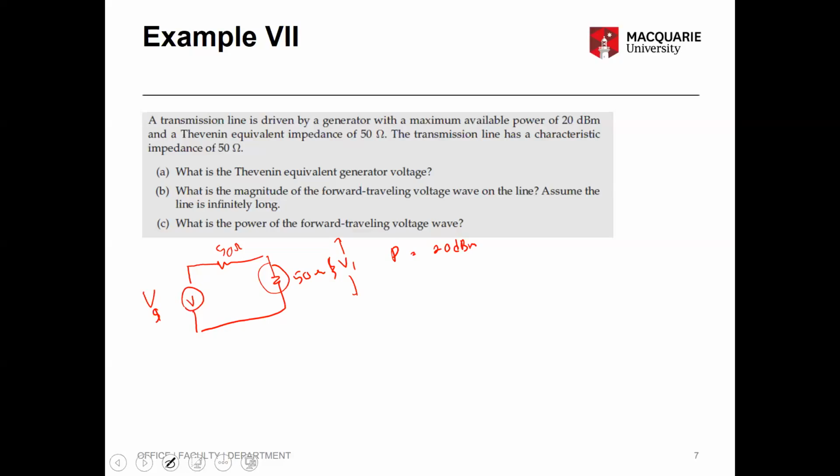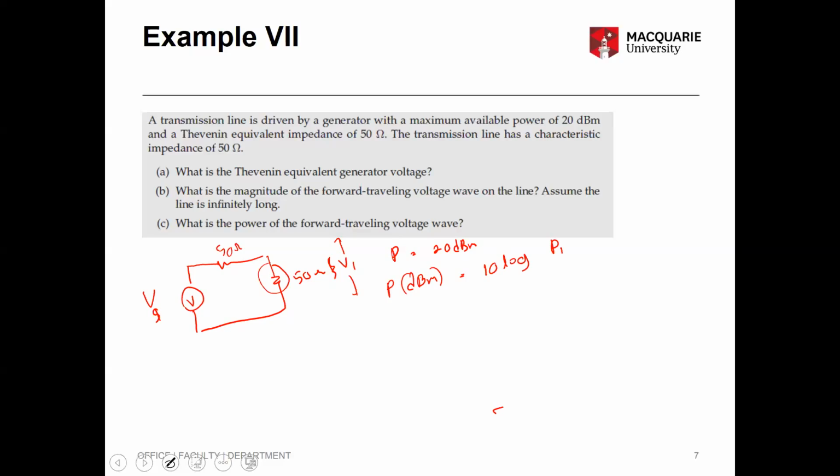Now you may not have seen dBm before. We tend to measure things in terms of dBs because it's easier. Otherwise, linear scaling makes it difficult to represent larger numbers. So dBm says power in dBm is 10 log of something.